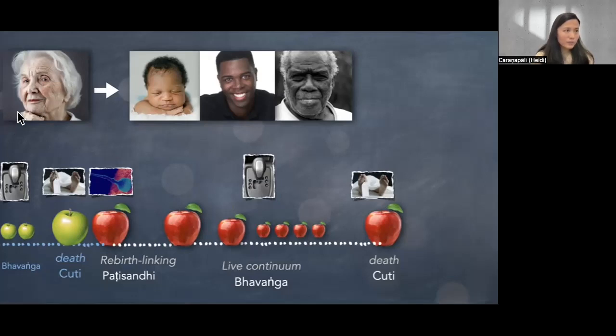In that lifetime she performed many good deeds, and after her death consciousness, one of the good karmas that she performed gave result as this red apple, as this rebirth linking, right?